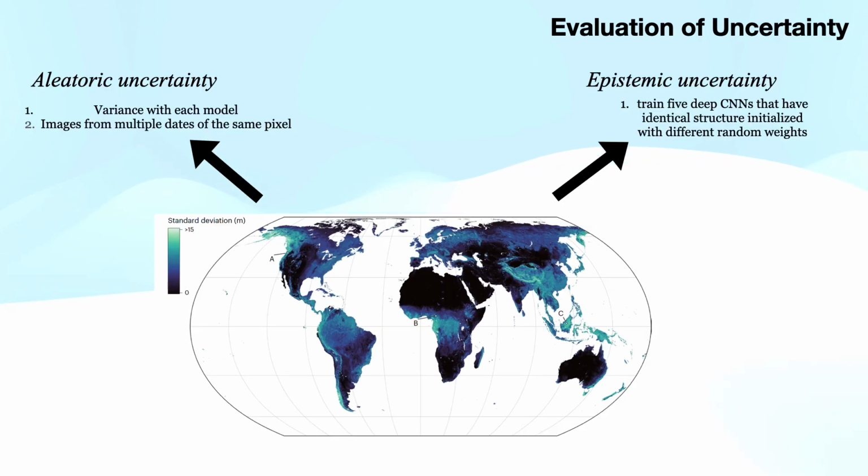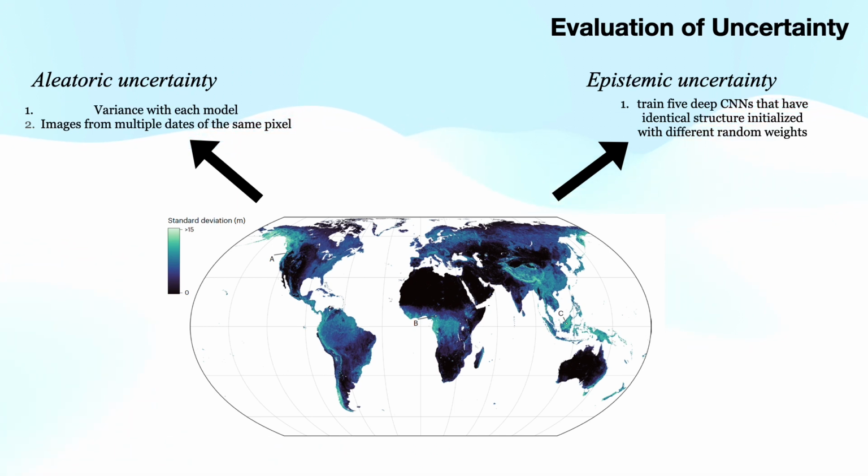In terms of evaluating uncertainty, the authors, Lang et al., compare two types of uncertainty, the aleatoric uncertainty and the epistemic uncertainty. Aleatoric uncertainty contains such things as the variance within each model, and in order to reduce that, they compare images from multiple dates of the same location, and those multiple dates actually give an estimate of how large the variance is.